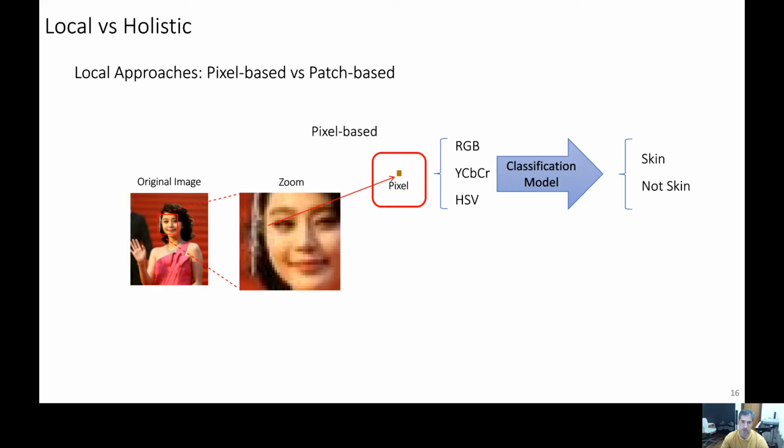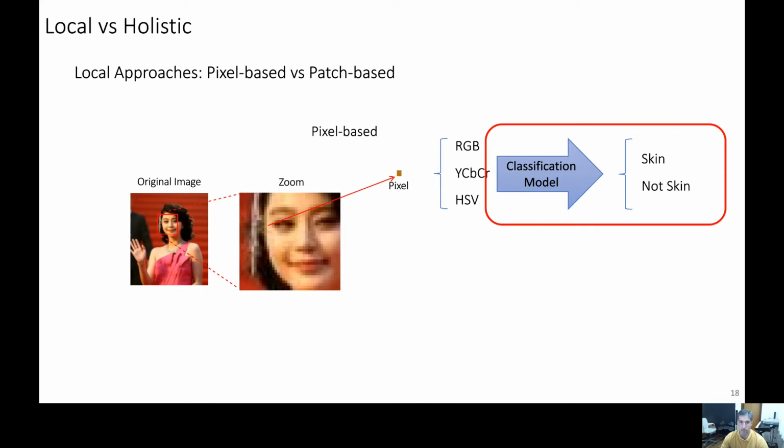Different approaches use different color spaces as input to the classification model. The classification model is usually executed several times to classify all the pixels in the original image.